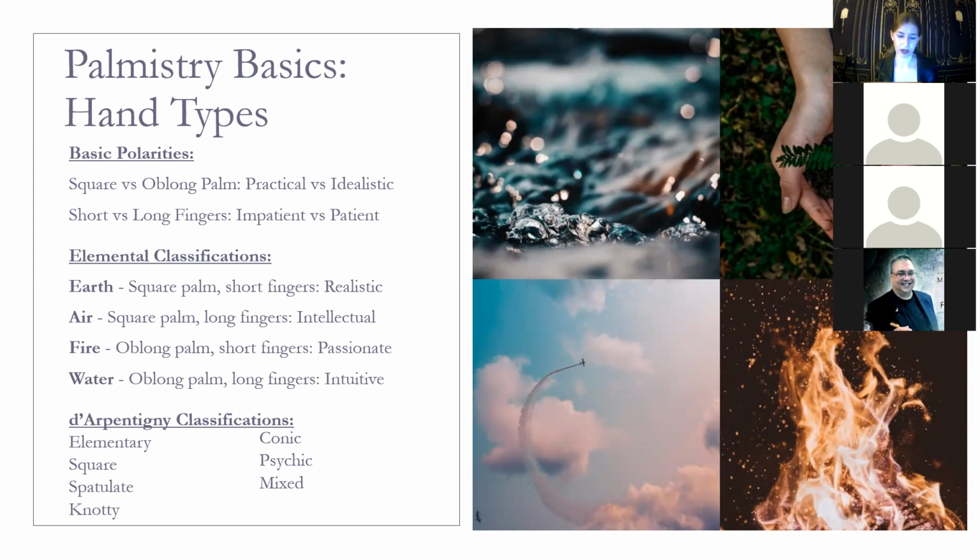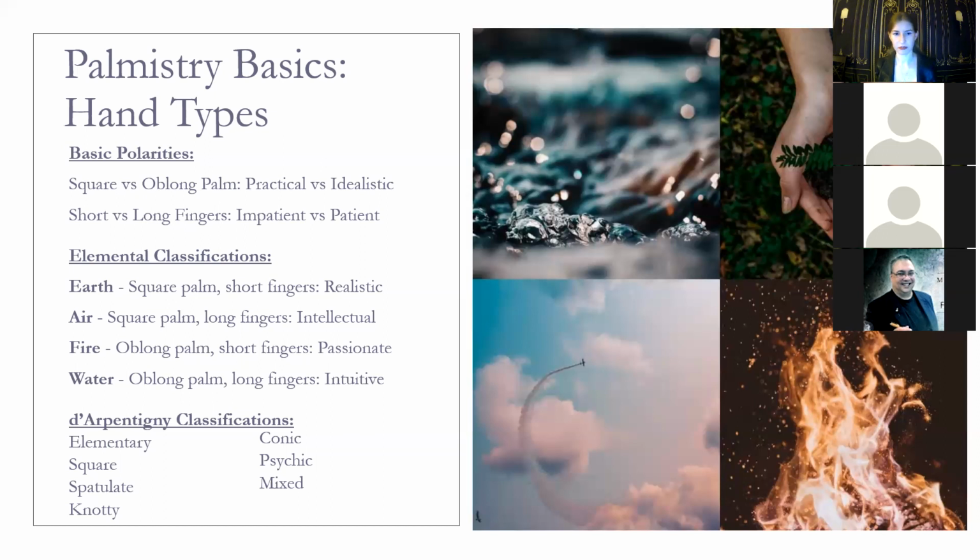An air palm or an air hand has a square palm as well with longer fingers. So they are needing variety. They are intellectual, full of ideas. They can be more philosophical, more practical as well, and enjoy both traditional book learning and challenges.